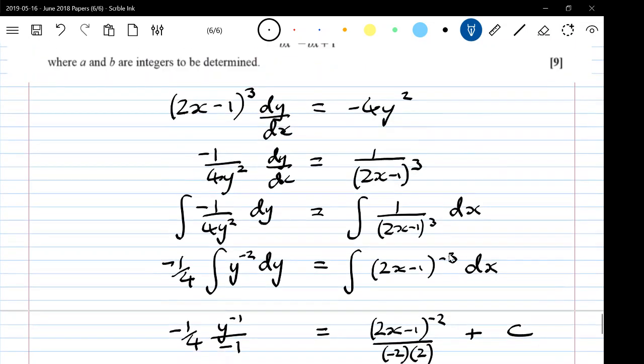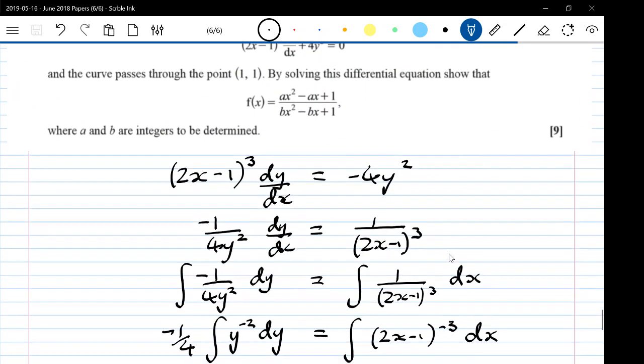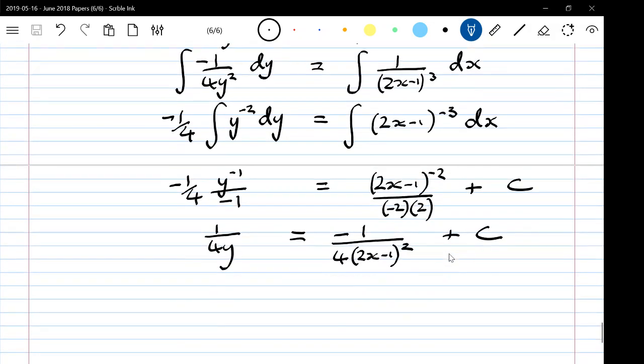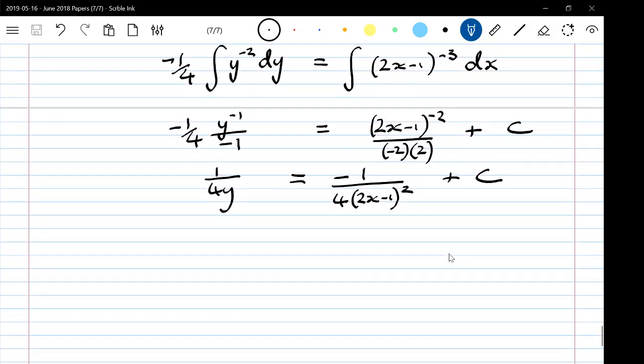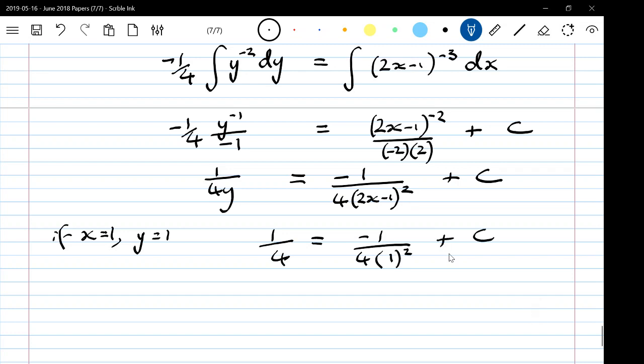Now we need to check, what did the question say? It said it passes through the point 1, 1. So, if x equals 1, y equals 1. That gives me a quarter is minus 1 over 4 lots of 1 squared plus c.